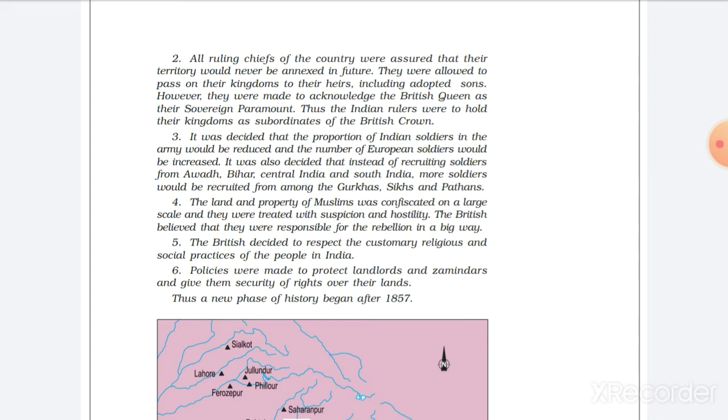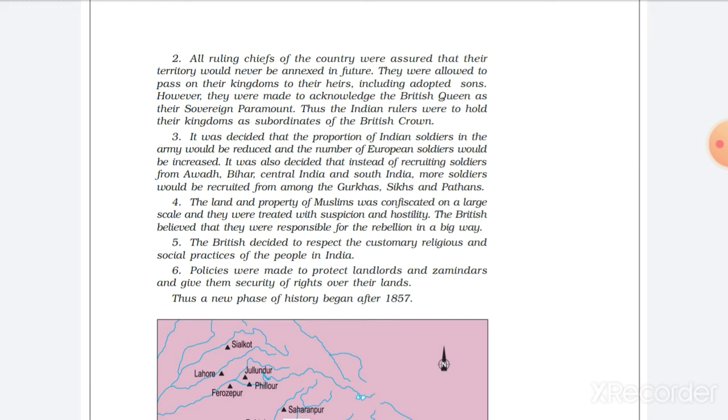What the Britishers did, they didn't realize their mistake. They saw that it was not their mistake. That is why they reduced the proportion of Indian soldiers in the company's army, and they increased the proportion of European soldiers in the British army.